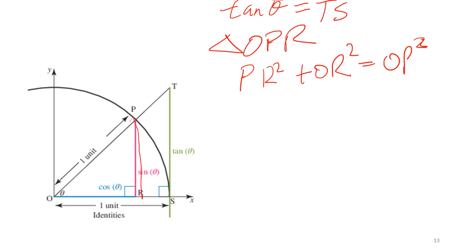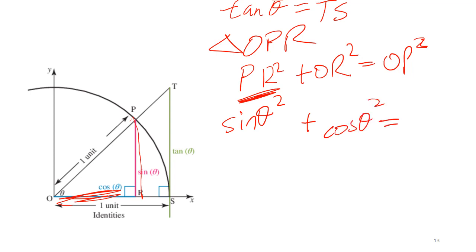But what is PR? This length is sine theta square, plus cos, because OR is just cos. We have developed that before. Cos theta square equals, what's OP? OP is just 1 square.